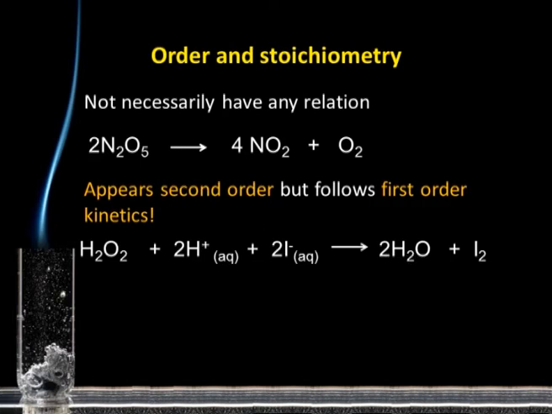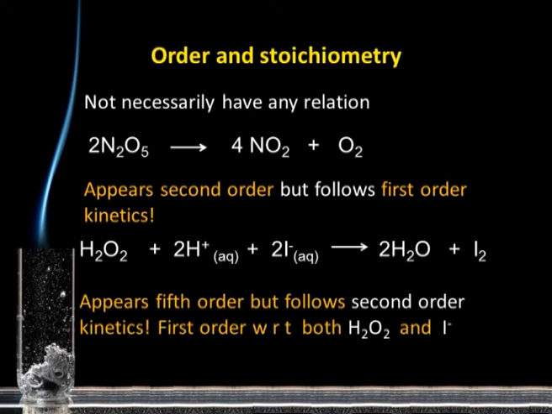See the other example: H2O2 plus 2H+ plus 2I- giving you 2H2O plus I2 appears to be a fifth order reaction. 1 plus 2 plus 2, we are adding the stoichiometric coefficients, but it follows second order kinetics. It is found to be first order both with respect to H2O2 and I-.